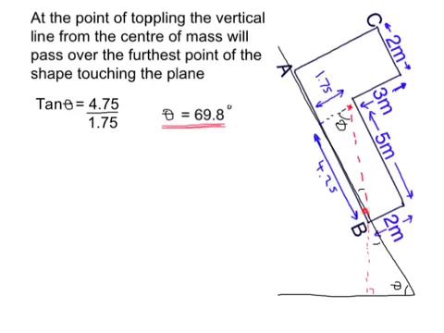So if the centre of mass vertically comes outside where the shape is touching the plane, it will topple. So you do it on the point of toppling. Again, we know the distances from earlier, so we're just doing arctan again. We know that's theta, that's 90 minus theta, that's 90, so that must be theta. Boom.